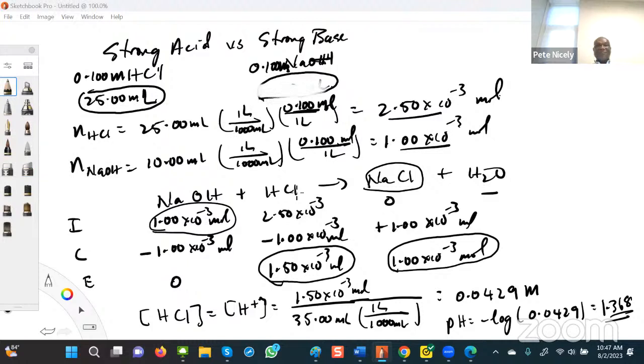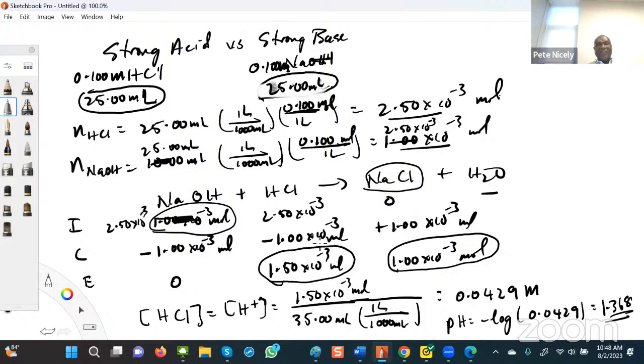So let me put 25.00 mils. Then what's going to happen is that this will change to 25.00 mils, which would mean that this will change to 2.50 times 10 to the minus 3, and this will also change to 2.50 times 10 to the minus 3.